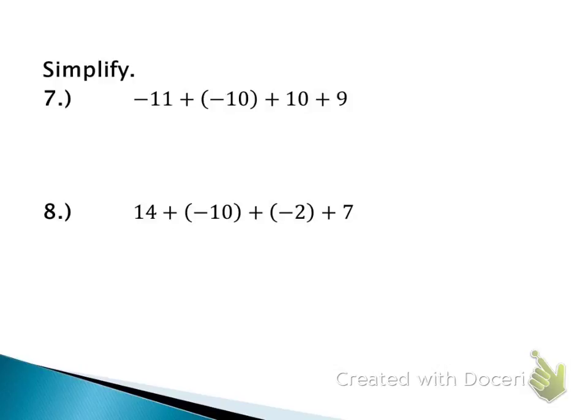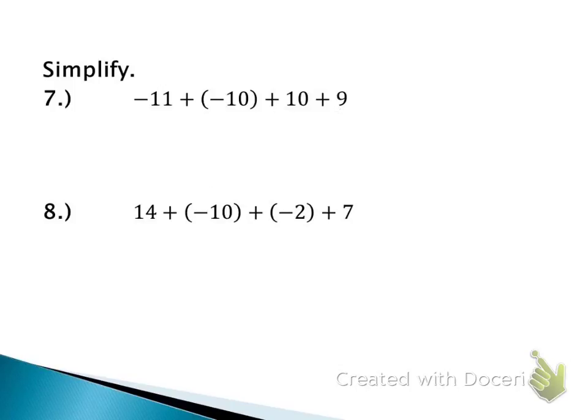Alright, looking at number 7. I notice that in the middle here, I have a -10 plus 10. Since this is all addition the whole way through, I can work from left to right, but addition is commutative. So addition, I can do in any order. I can switch it up, only because every single sign is addition.